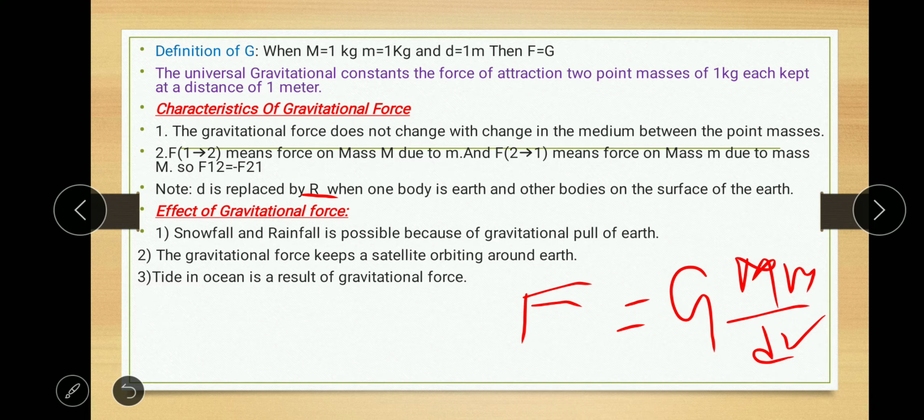You know, there is a natural satellite, that is the Moon, and some artificial satellites like Aryabhatta, Mars Orbiter Mission, and different things. They are rotating around Earth or the Moon due to gravitational force. Number 3. Tide in the ocean is a result of gravitational force. So there are 3 effects of gravitational force: snowfall and rainfall, satellite orbiting, and the tide in the ocean.